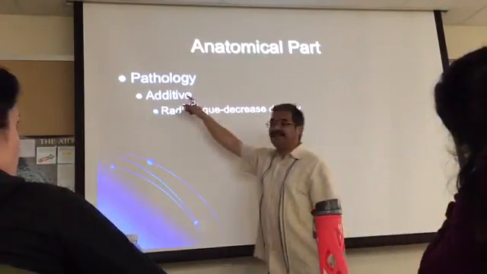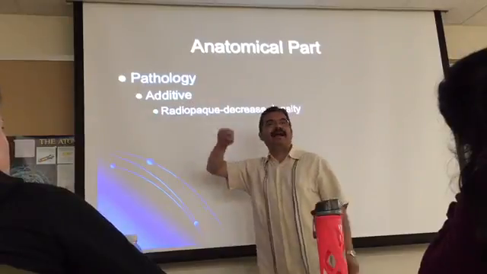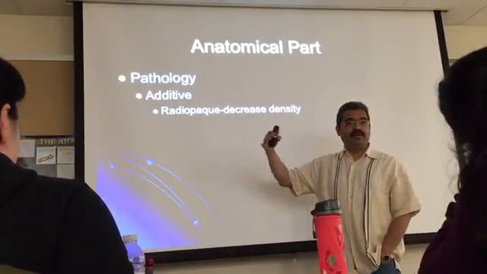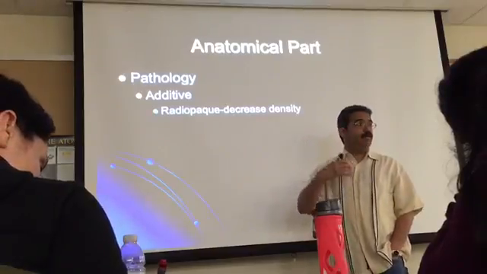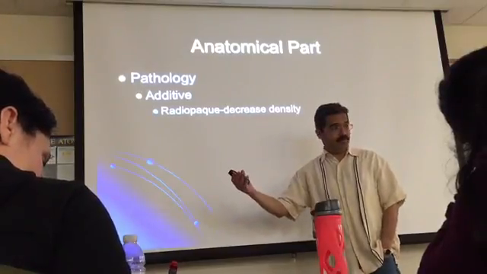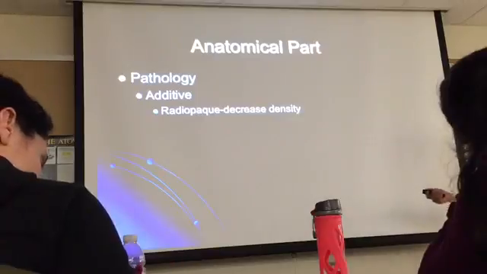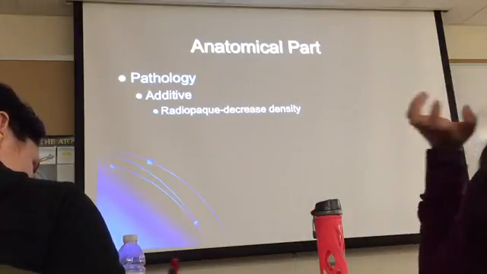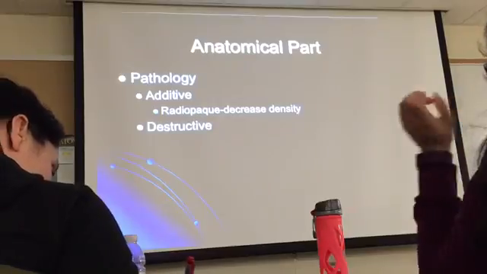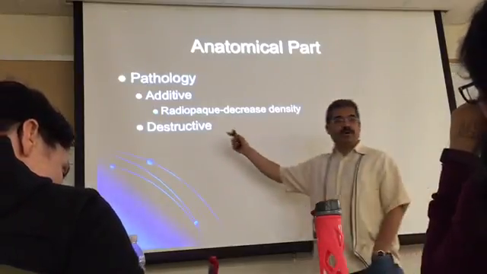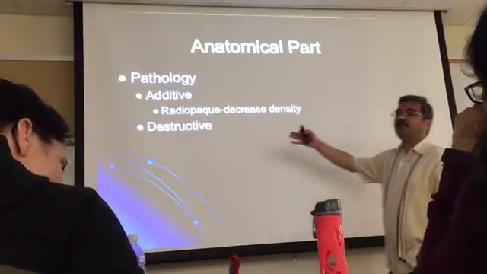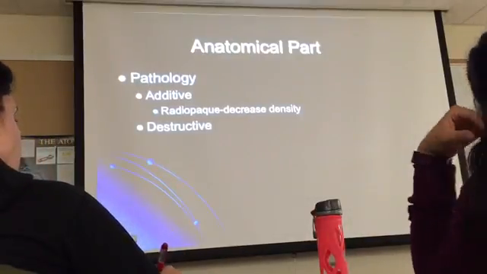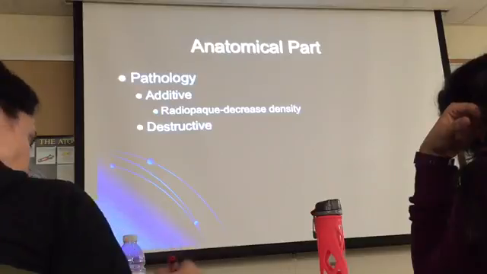So there is additive pathology that can add to the anatomical density, meaning that it will make it more dense. Okay, all right, and so it will be radiopaque, decreased density. Now you can also have pathologies that can be destructive. In that case, you reduce anatomical density.